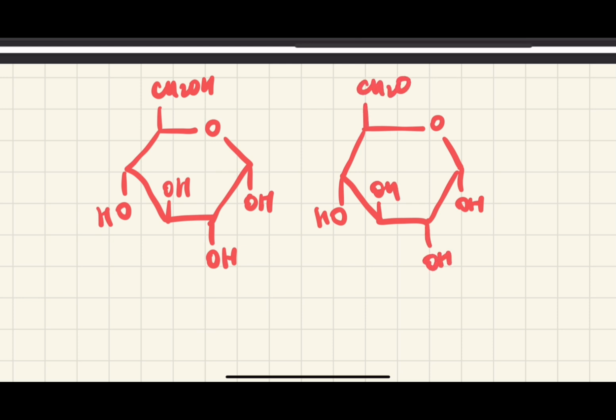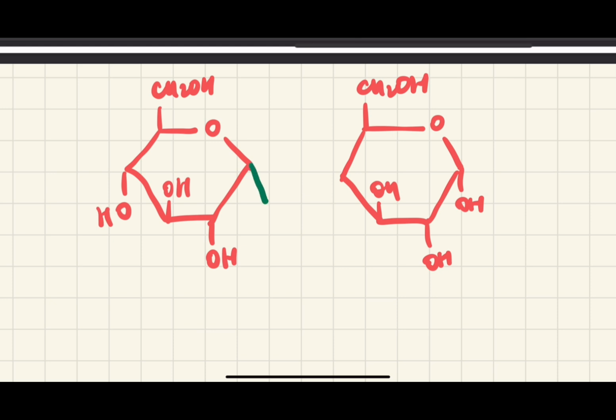Now when we make the bonds between them, we will get the water out of here. So I'm going to remove this, and here we have only oxygen left. This part is very important.